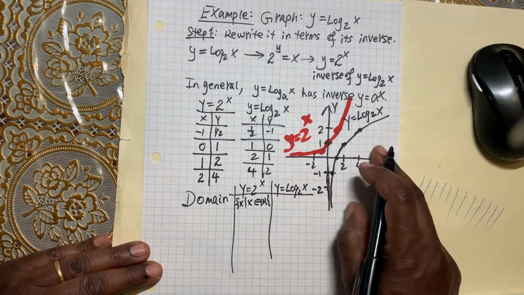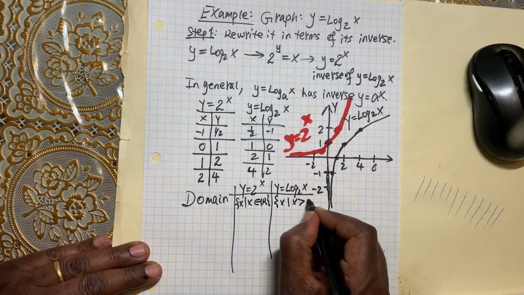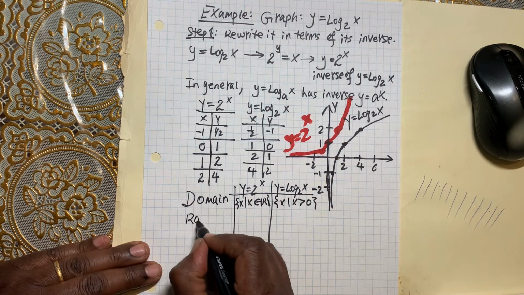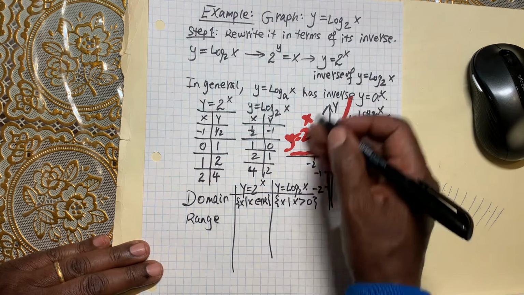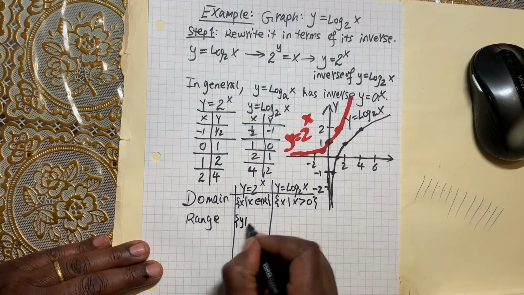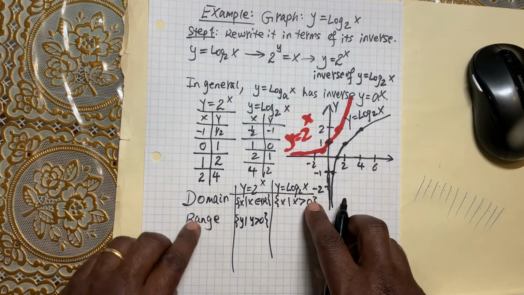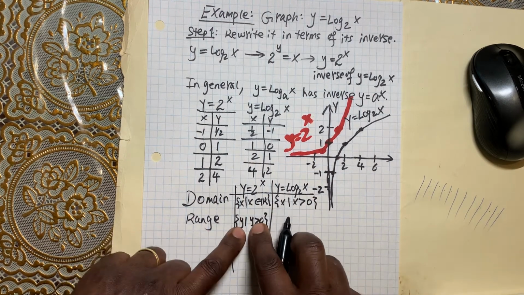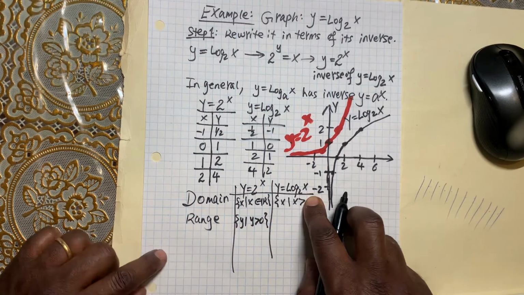But the domain for this is all x greater than 0 for the log function. The range for this one is y greater than 0. As you see it, the range of 2 to the power of x would be the domain of the inverse.